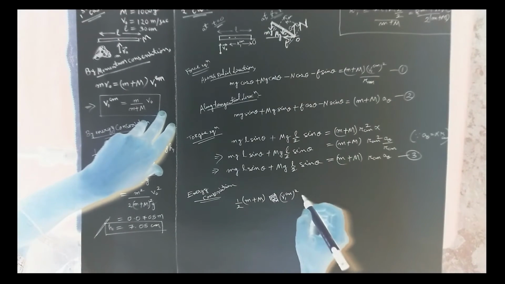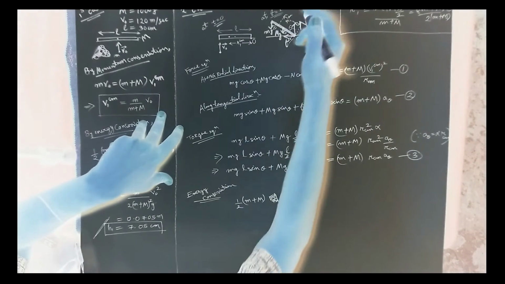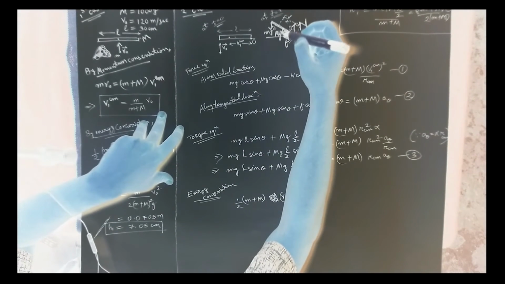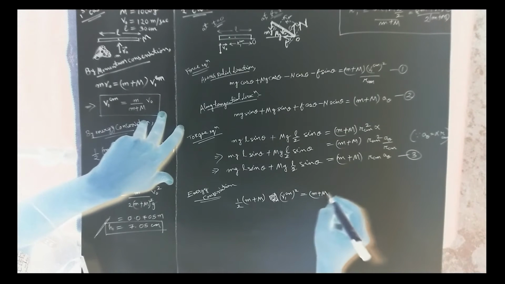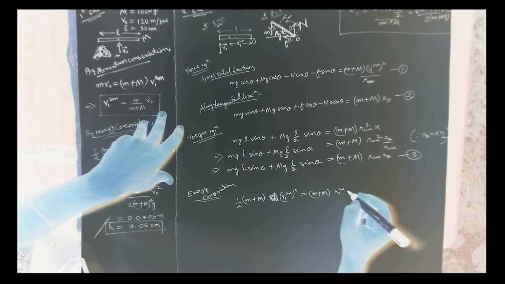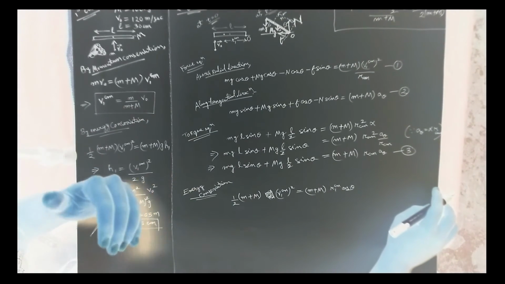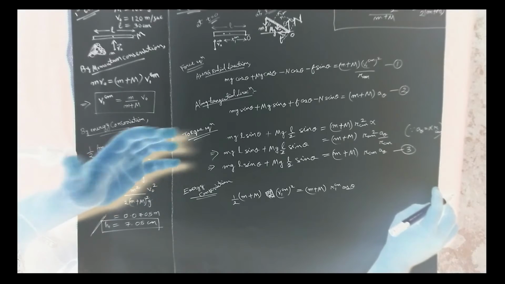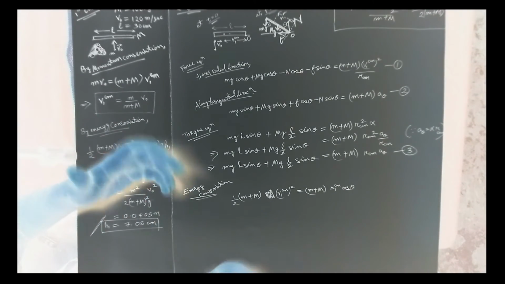So half (m plus m) V1 square, by energy conservation, is equal to what? As the center of mass is attaining some height, my gravitational potential energy will be (m plus m) R1 cm cos theta, plus what was the center of mass velocity at that instant when it is going to lose contact.